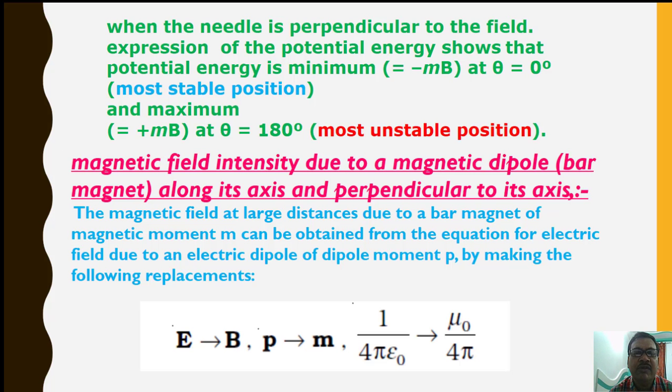The expression of the potential energy shows that potential energy is minimum, equal to minus mB at theta equal to 0, the most stable position, and maximum at theta equal to 180 degrees. So we are getting the most stable position and most unstable position.